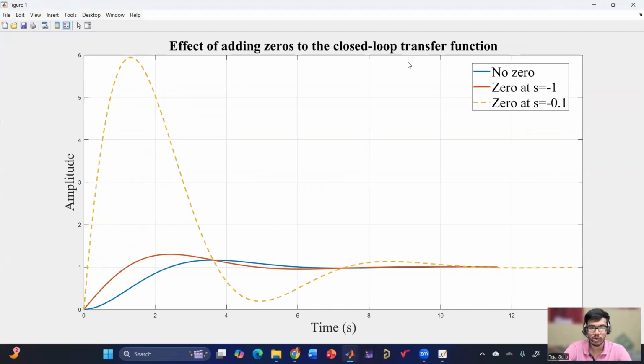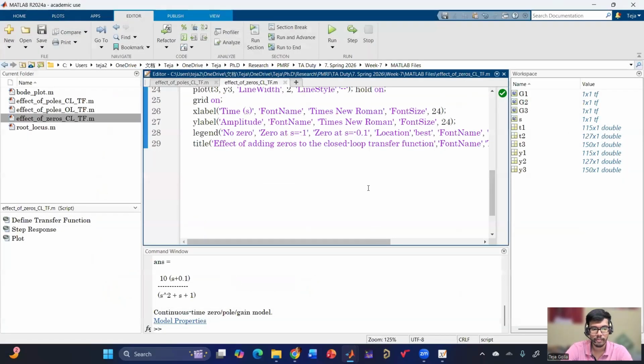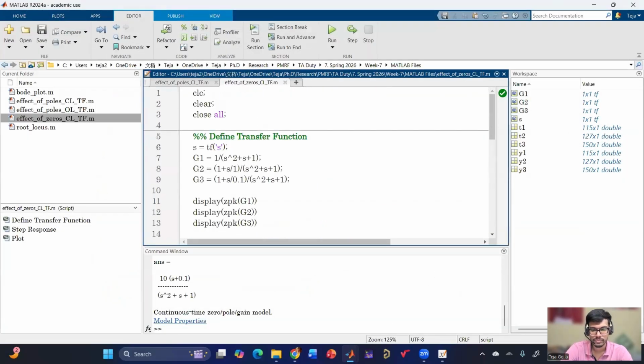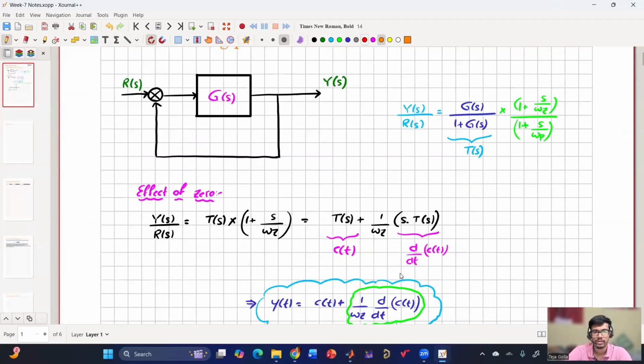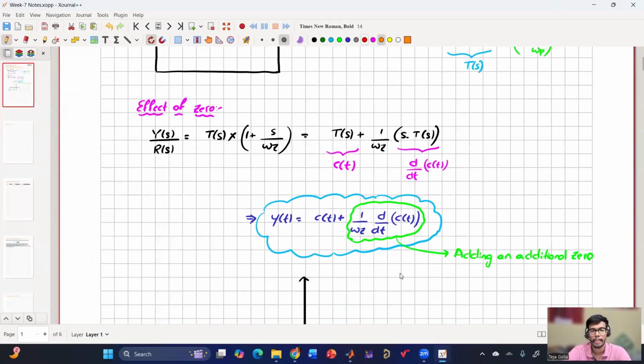Whenever a zero is closer to the imaginary axis, it will have more impact on the response, whereas if you push it away, it will have less impact, and as you push it far away from the imaginary axis, it will not have any effect. So is this concept clear, how the zero is affecting? Saurabh, is this clear?